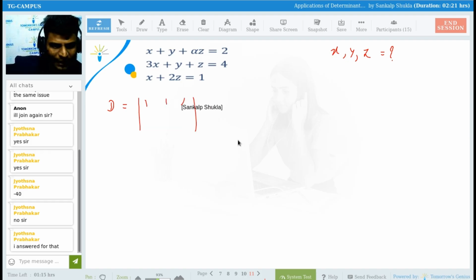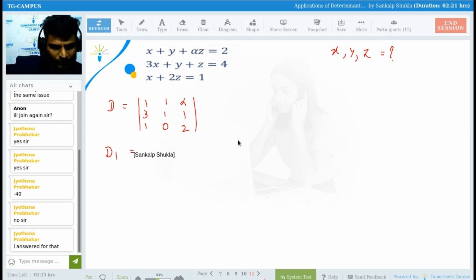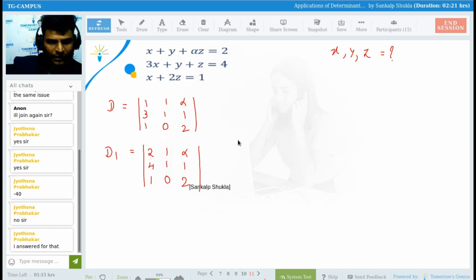So it is 1, 1, alpha, 3, 1, 1 and 1, 0, 2. Because in the third equation we are not having any y. Right, so this is the value of D. Now I'll be finding D1 also. For D1 we'll replace this as 2, 4, 1, and this will be 1, 1, 0 and alpha, 1, 2.